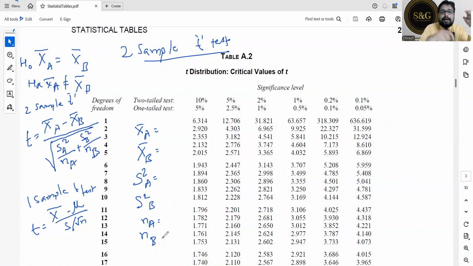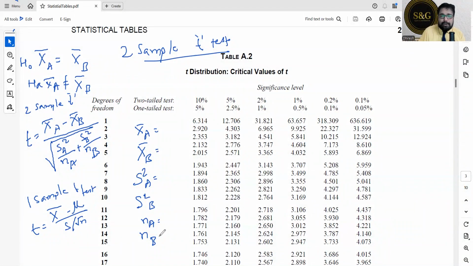We will go there and check the t critical and conclude about it. The same fundamental. Clear, Prasad ji? I can give you the example, but again, the calculation will take 10 minutes. Sure? Fantastic.